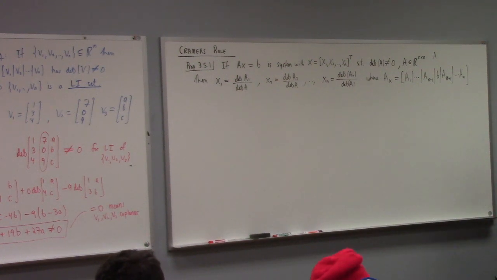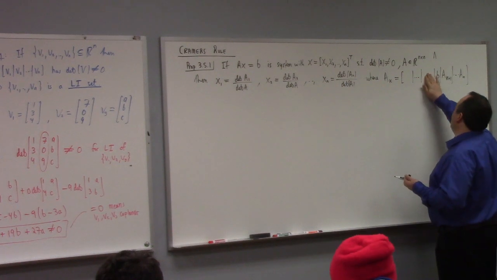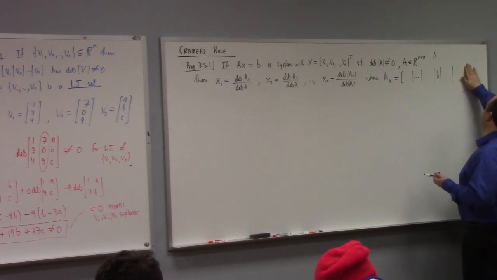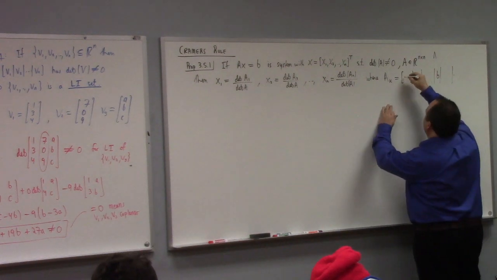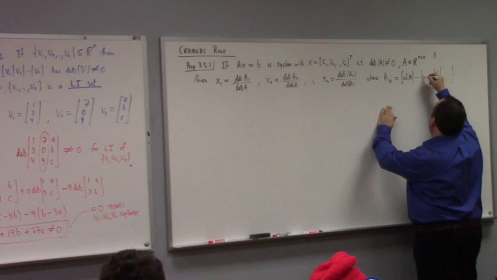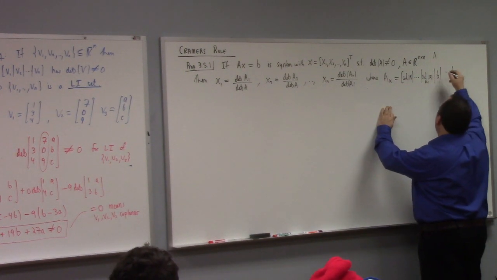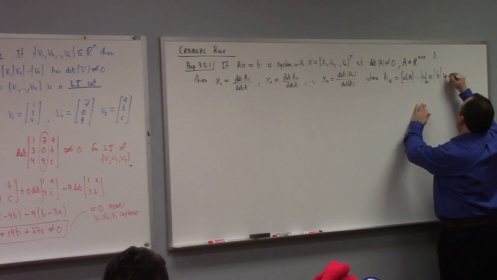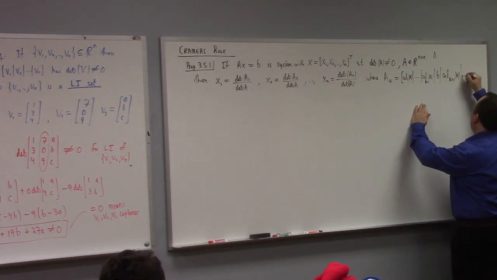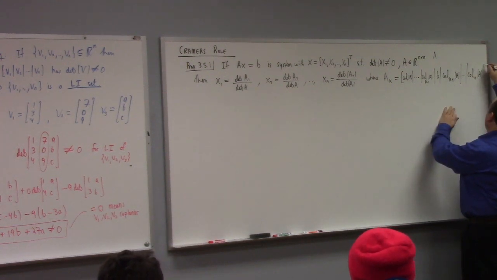I'm a dummy. I can't do that, because I've used A sub n to mean the matrix. So I'm stuck with the clumsy column 1 of A, column k minus 1 of A, column k plus 1 of A, column n of A. So let me just put it in words.